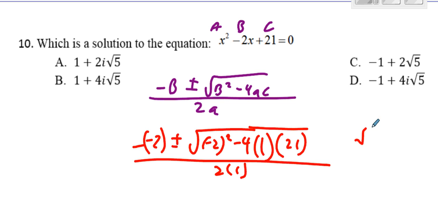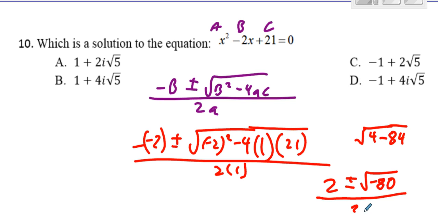Negative 2 squared is 4. 4 times 1 times 21 is 84. So it's negative 2, which is 2, plus or minus the square root of negative 80 all over 2.